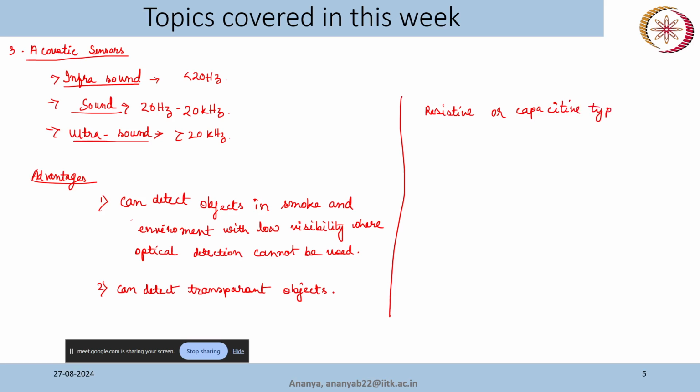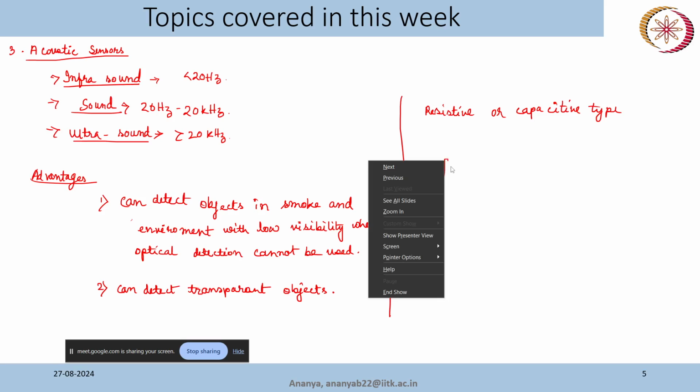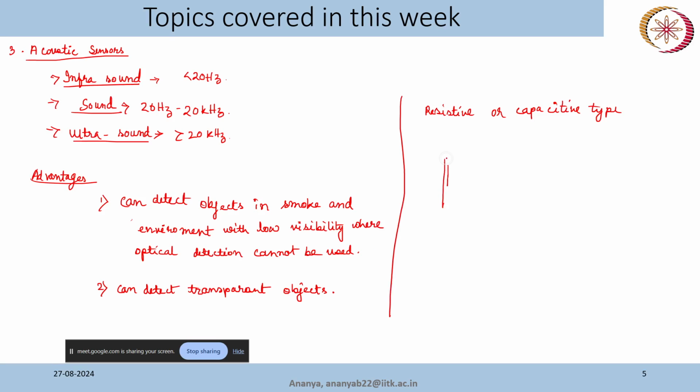In both of these types of sensors, there will be a diaphragm that will bend or deflect based on the sound energy or the frequency of the sound energy, and there will be another electrode, a back electrode.